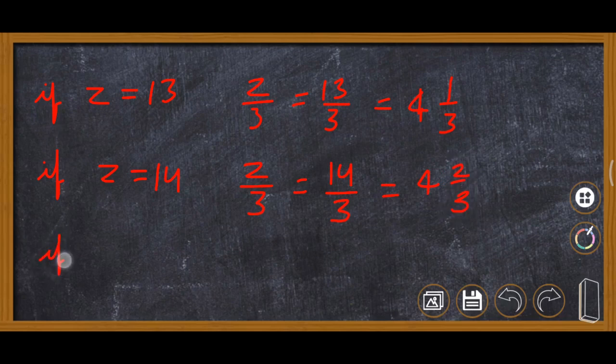Now if z is equal to 15, then z upon 3 is equal to 15 upon 3, and we can cut this 3 5s are 15, so it is 5. Now we will put z equals 16.